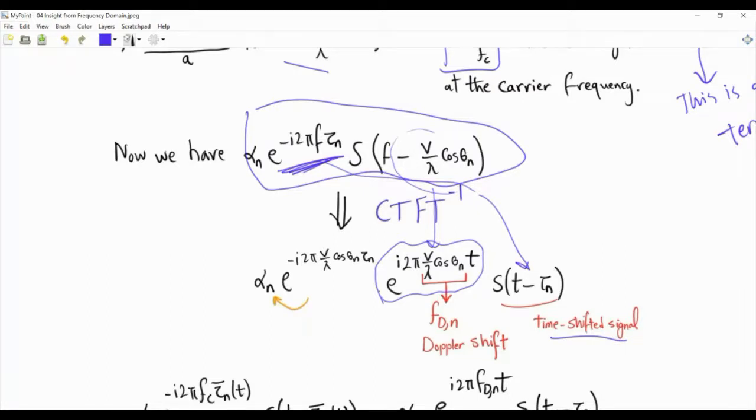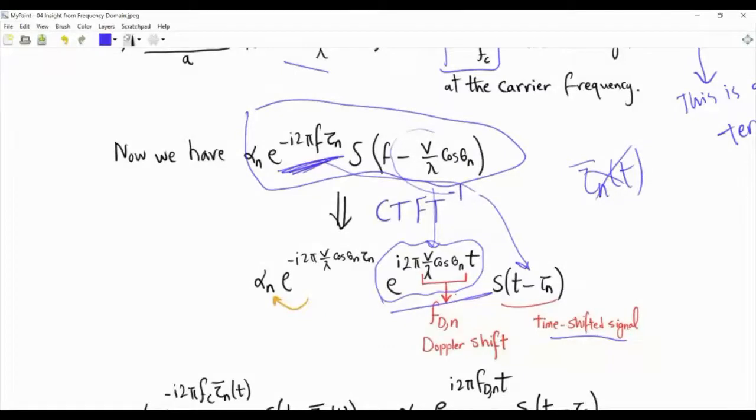Under all those assumptions, our model for the received signal will be simplified as a constant delay or shift. No longer do we have this monster, okay? We now have something simpler, but we have the dependence on time in the form of this complex sinusoidal signal multiplied by the time-shifted signal.